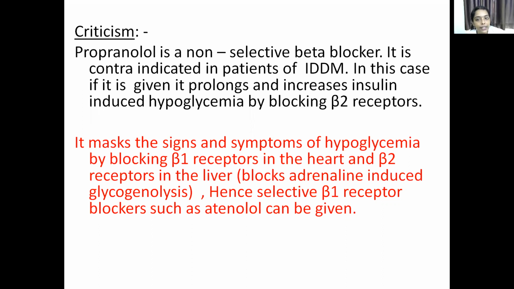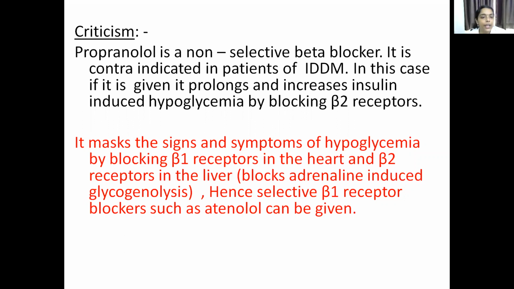It prolongs and increases the insulin-induced hypoglycemia. Because it is blocking the beta 2 receptors, the hypoglycemic condition in the body is being prolonged. You are not able to recognize that hypoglycemia is occurring in your body. See how it does this?